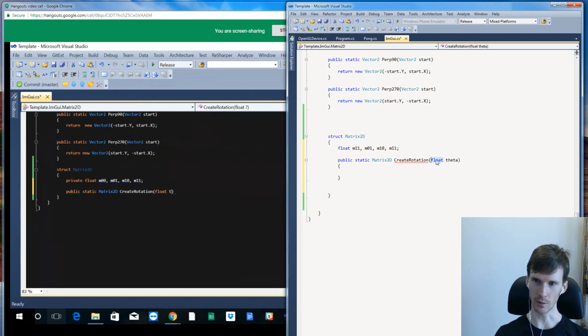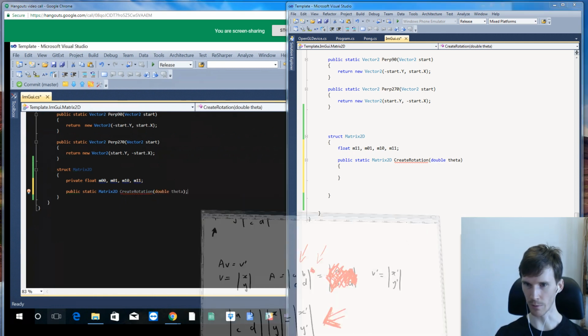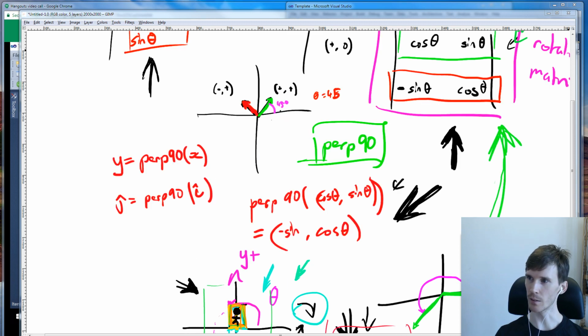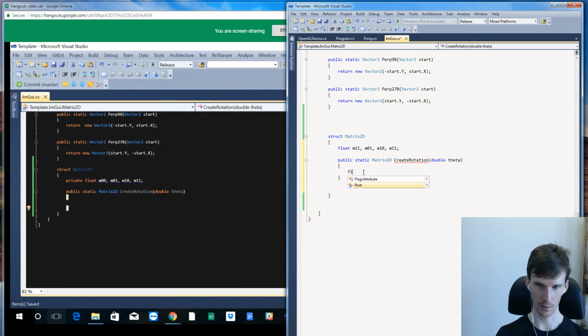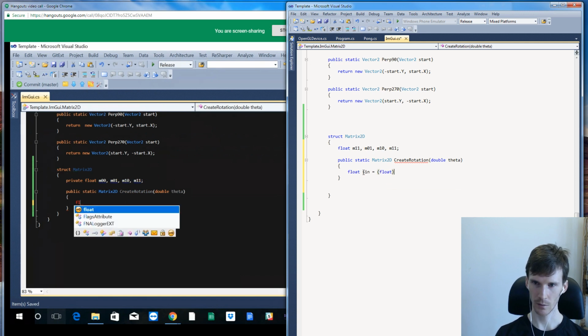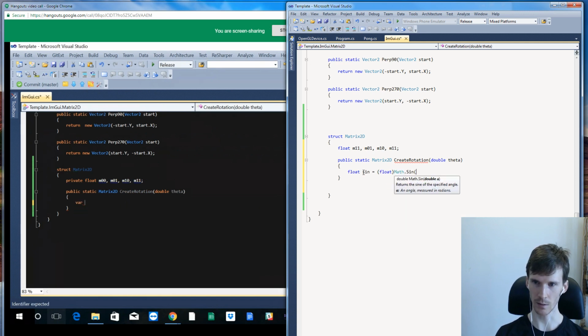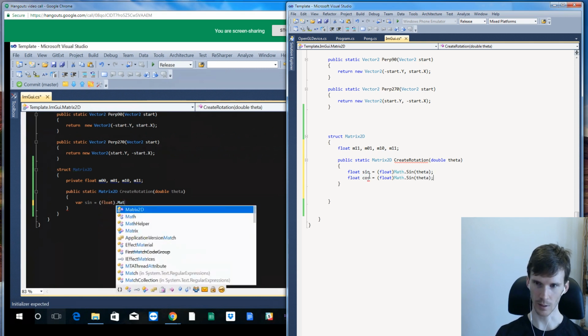Call it double, because we're going to use the maths stuff. This is something we can just copy from here. So we have sine and cos of theta. So float sine equals Math.Sin of theta, and we can have cosine.